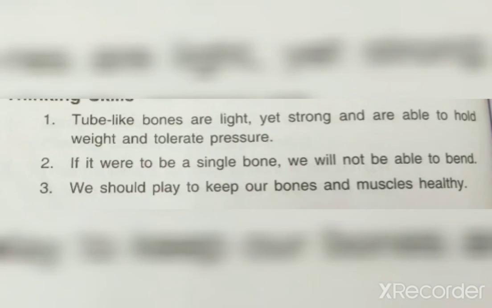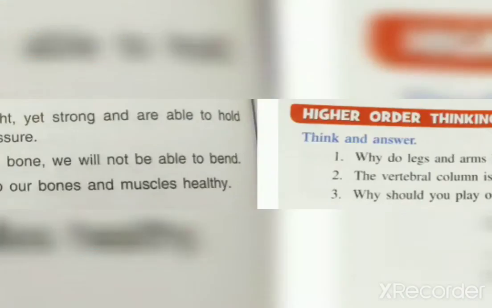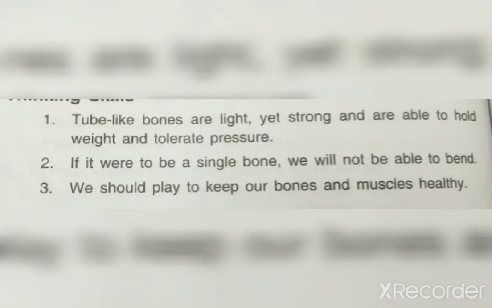Second question you can see on page number 96 of your textbook, and the question is, the vertebral column is not made of a single bone. Why? And the answer is, if it were to be a single bone, we would not be able to bend. This is your answer number 2.